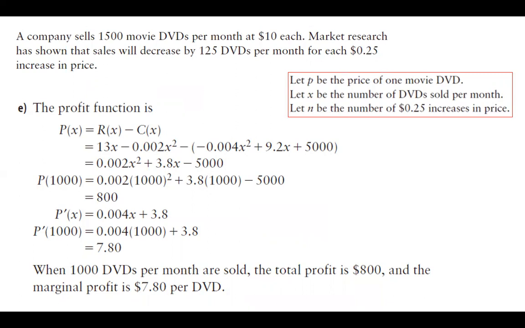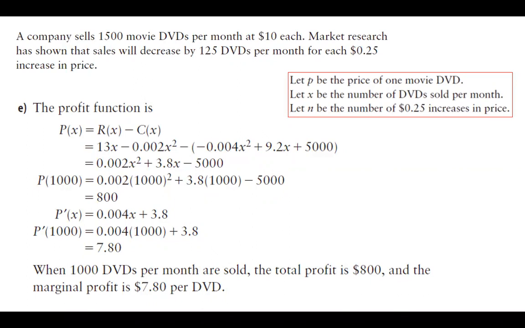So profit is given by uppercase P in terms of X, which is the revenue minus the cost. Because we have already known the expression of R(x) and C(x) is given to us, we can just plug them in. Then the profit function in terms of X is simplified to negative 0.002 X squared plus 3.88 X minus 5,000.